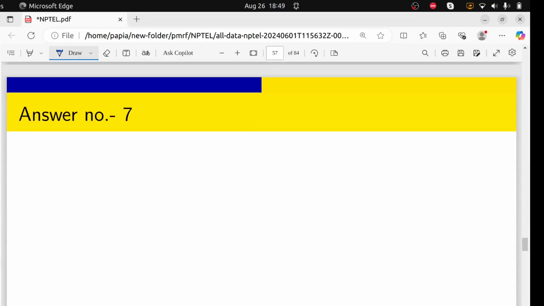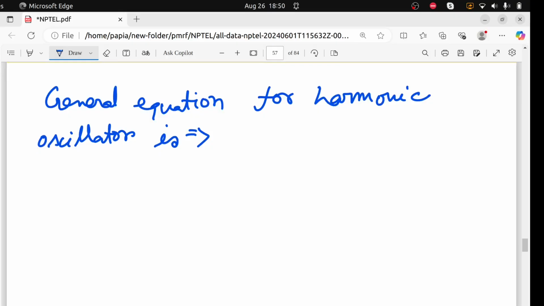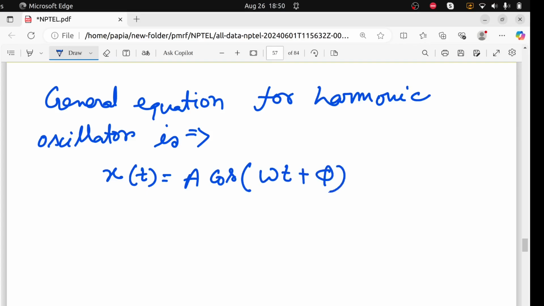So the general equation for a harmonic oscillator is x(t) equals A cos(omega t plus phi), or minus phi, whatever.